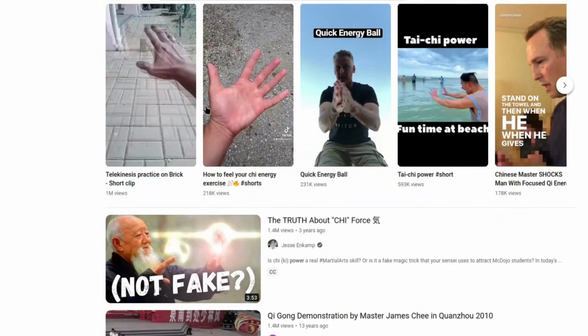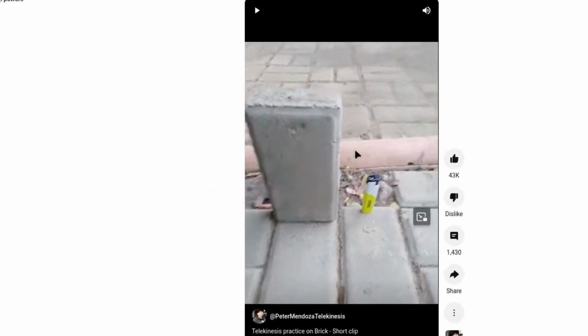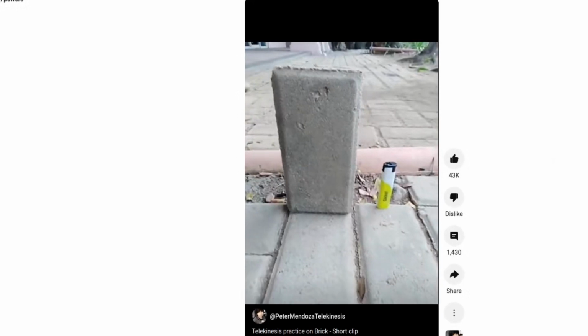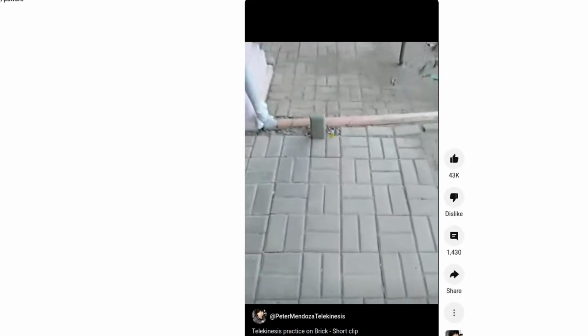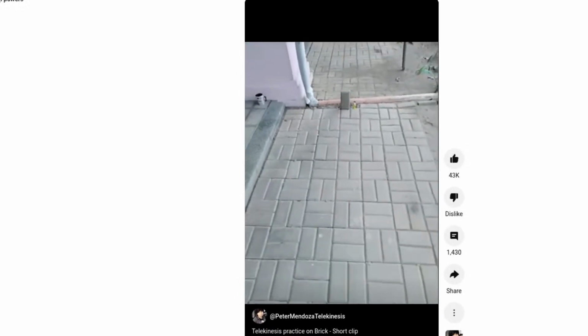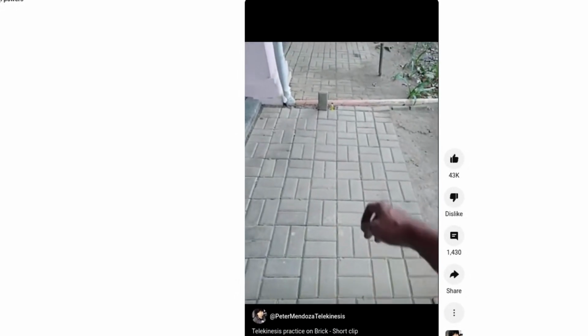This is a guy pushing a brick. Whether it's real or not, I don't know, but objects can be manipulated, especially metal ones, electrostatically, but non-metallic ones through radio waves and other devices.